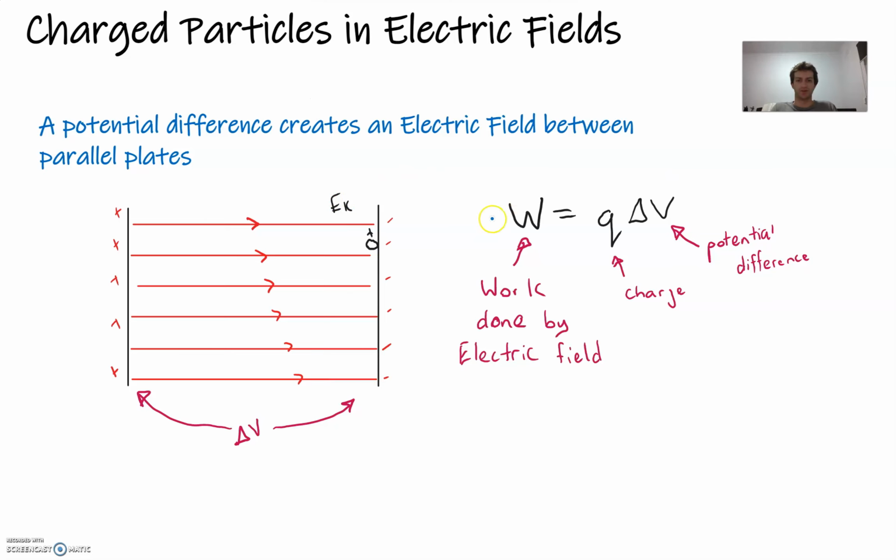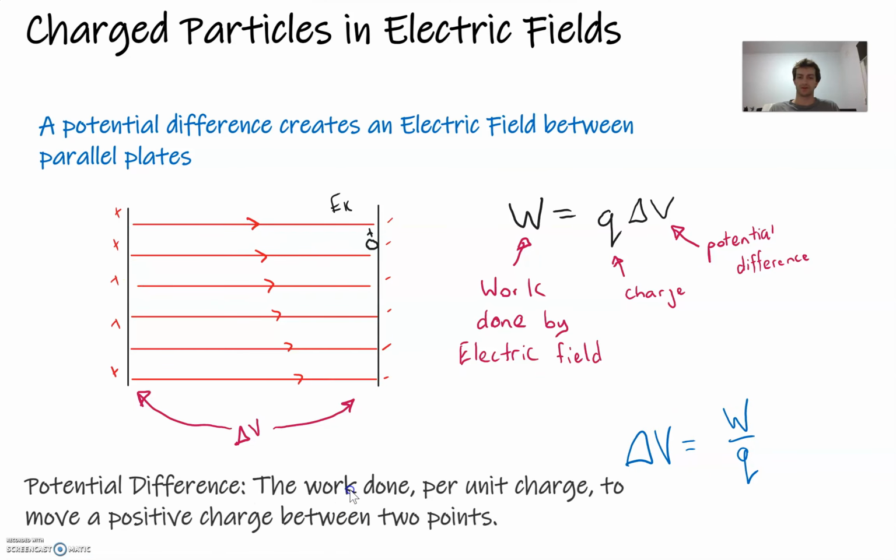This equation here, work equals charge times potential difference, that's on your formula sheet, and we can rearrange it slightly. We can rearrange it to make potential difference the subject, and it will be work over charge, and that gives us our definition for potential difference. The potential difference is the amount of work done per unit charge to move a charge between the 2 points.